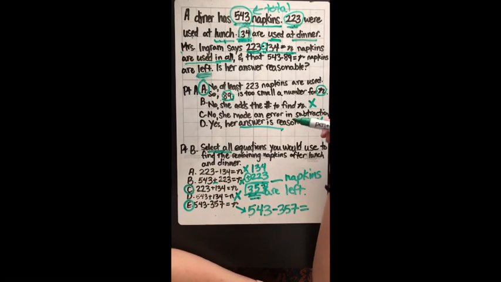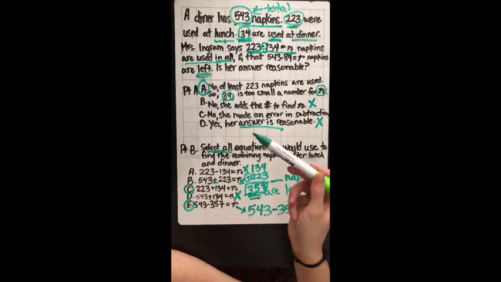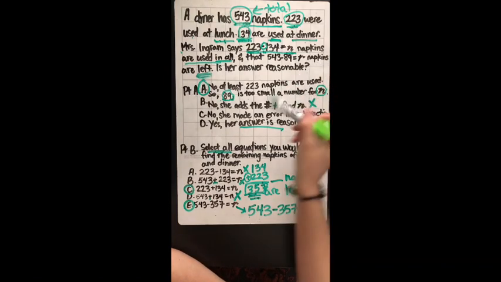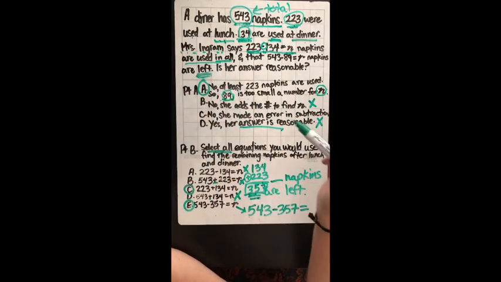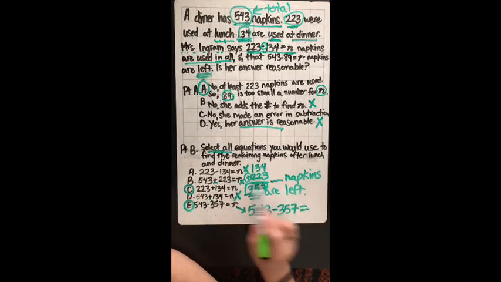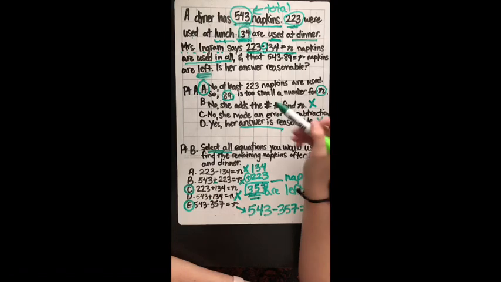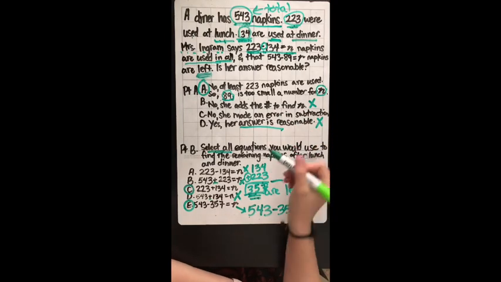So friends, even though this question didn't ask me to solve for the answer, solving it helped me figure out the mistake in my reasoning, as well as which equations would help us. So it's so important that you have a piece of paper and that you try to work through these as you are taking your test.